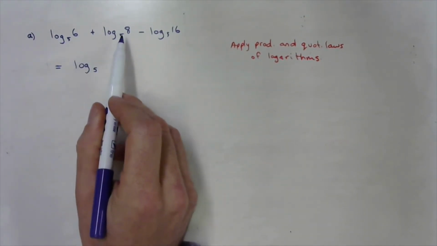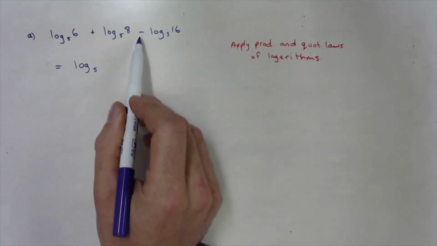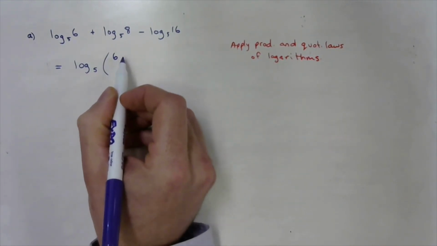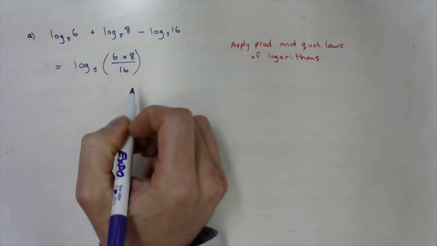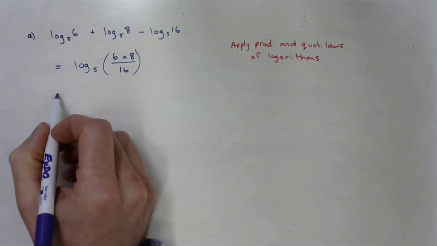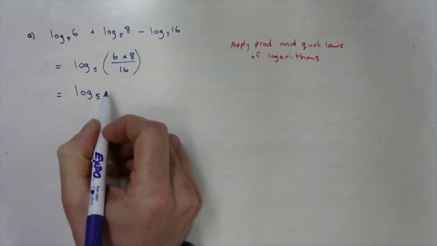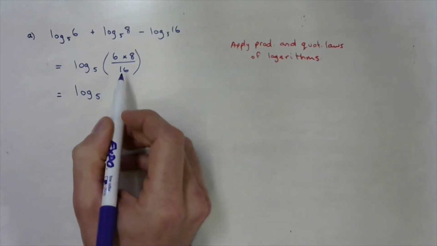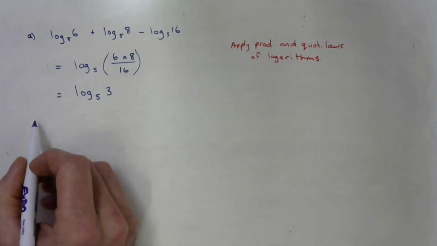So I combine the 6 and the 8 using the product law, and then I consider 16 using the quotient law. What I end up with is a log that has 6 times 8 in the numerator, 16 in the denominator, which I can reduce to the log of, with a base 5, 6 times 8 is 48, divided by 16 is 3. So there I have simplified it into a single log.